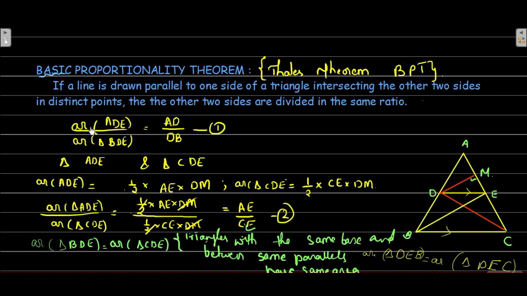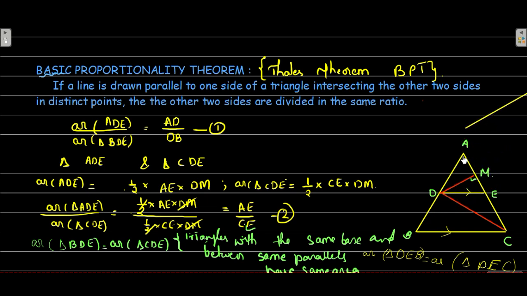So, the equation 1 that we got is area of triangle ADE by area of triangle BDE is equal to AD upon DB. Now, consider triangle ADE and CDE.